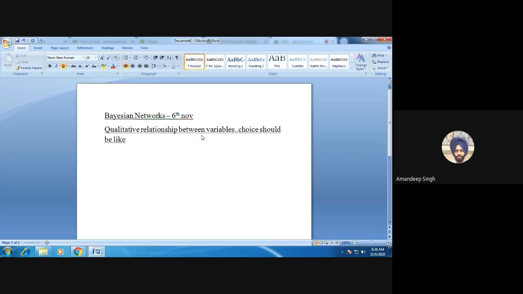Why was it like that? Because we opted for nodes which were Boolean in nature, so they were only capable of capturing true or false values. But in reality, we saw the nodes can be of different types: the Boolean types, the integral ones, and the ordered values. The ordered nodes are the ones which have a range of values. For example, in the example we discussed the nature of the smoker.